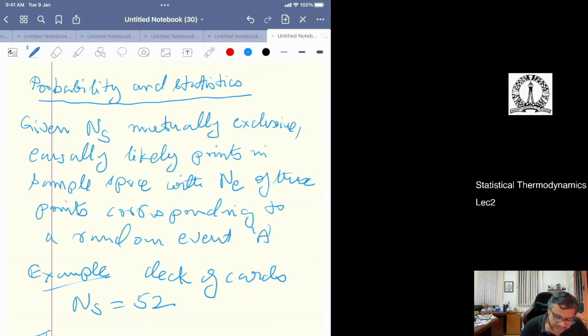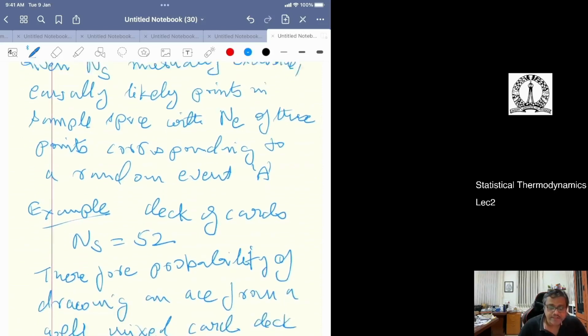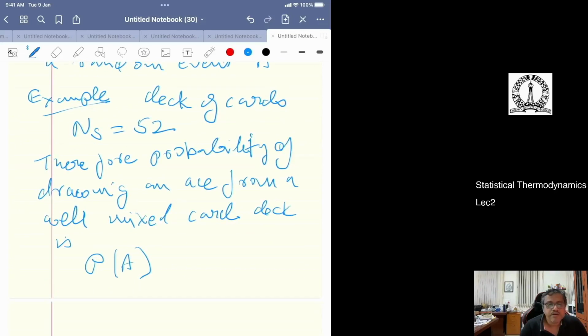Now, if we want to know the probability of drawing an ace from a well-mixed card deck, it is given as PA, where PA is equal to 4 by 52, or 1 by 13.